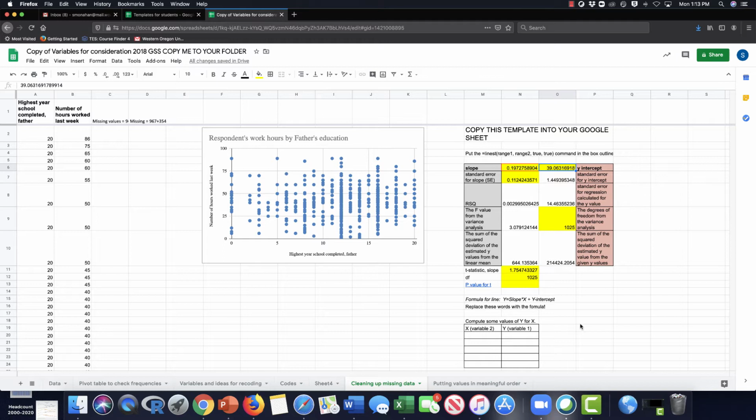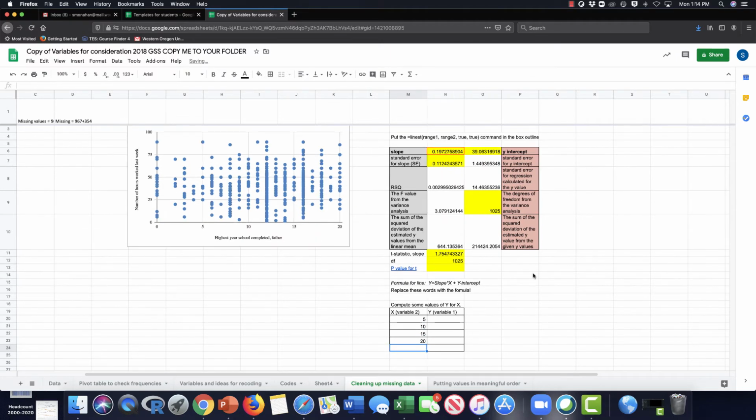Remember, what you want to do as you look at this is compute some values of y for different values of x. And I would choose x values that are actually on your axis. So 5, 10, 15, and 20. So I'm going to put in 5 and 10 and 15 and 20, and these are going to allow me to plot a line here.